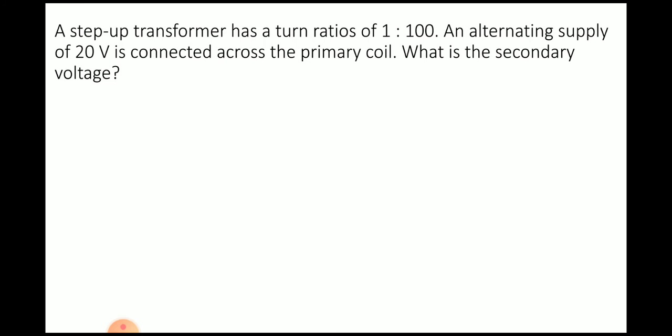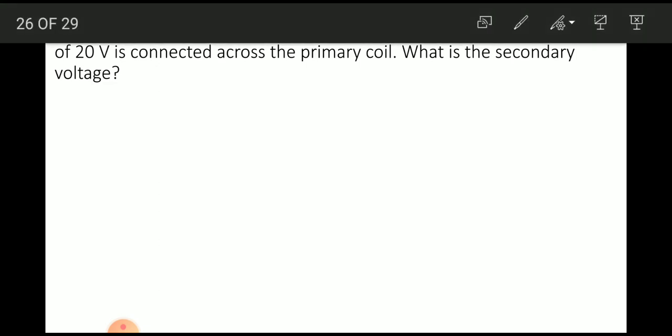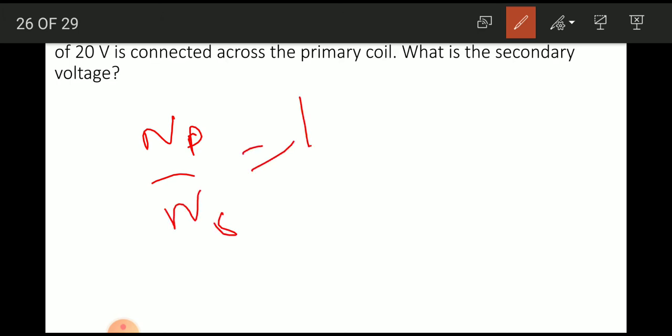A step-up transformer has a ratio of 1 to 100. Now, step-up transformer, Np divided by Ns is equal to 1 divided by 100. 20 volt is connected to the primary coil.